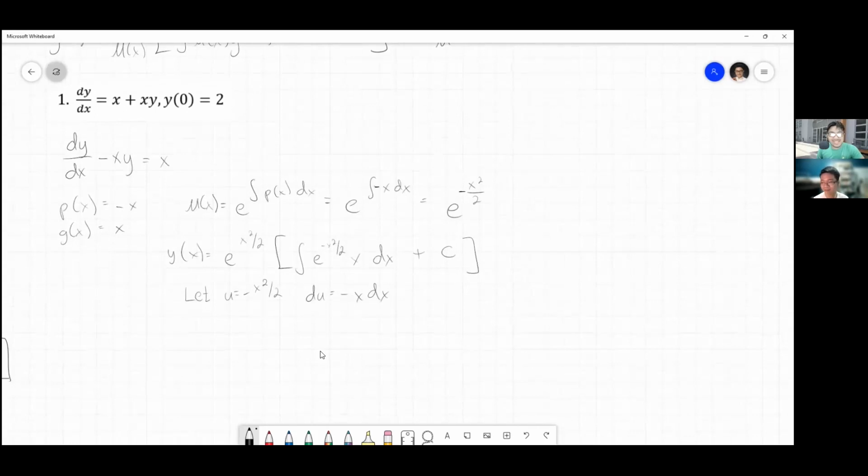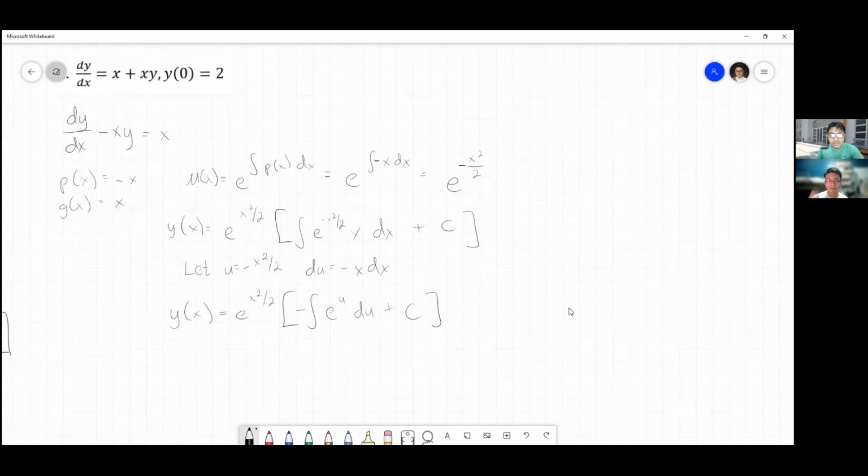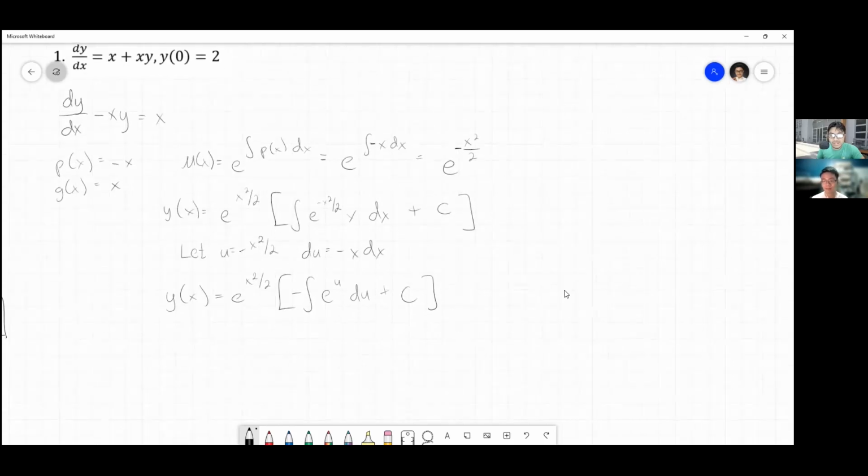Ayan. So, i-substitute natin to. Lagay natin lahat para di tayo lost. E to the x squared over 2 times integral ni e to the u, since in-substitute natin yung buong exponent ni e, and then x dx is negative du. So, negative du plus yung constant natin. And this one, integral ni e to the u is just e to the u.